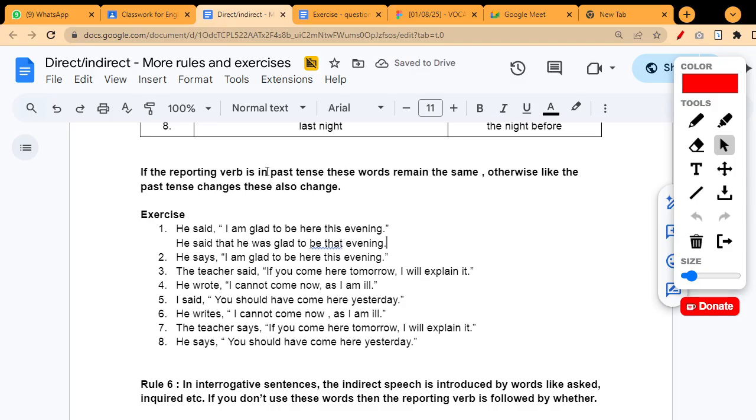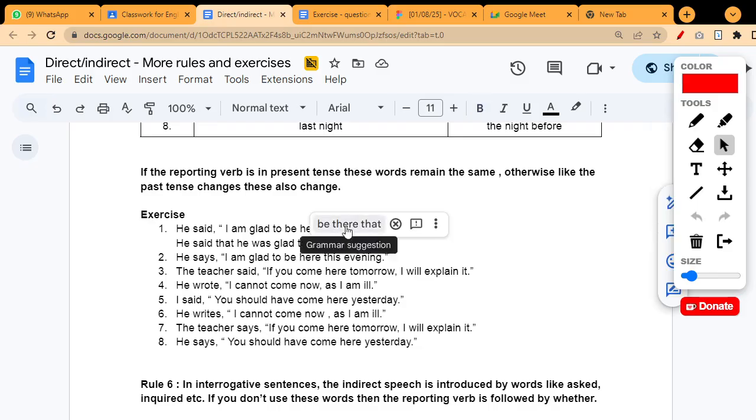If the reporting verb, these words, is in the present tense, then these will remain the same. Okay? कुछ मैंने गलत लिखा था वहाँ पे. Otherwise, like the past tense changes, these also change. Okay? So he said that he was glad to be there. There लिखना भूल गई मैं. There that evening. Here will get converted to there, and this will get converted to that.